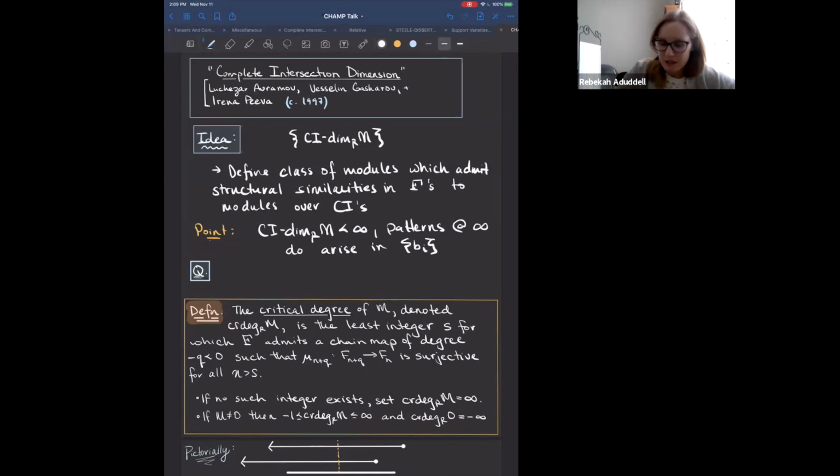The example would be the class of modules over CIs, where we eventually have polynomial growth. And so the question I want to focus on is: when do these patterns arise?